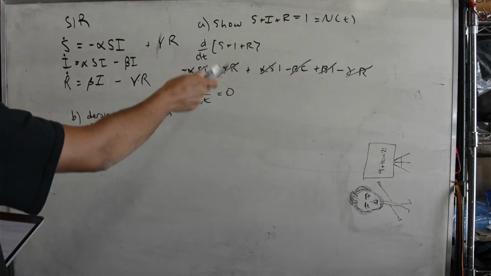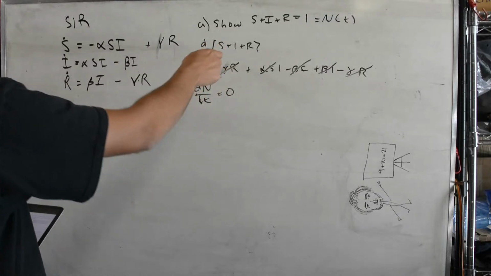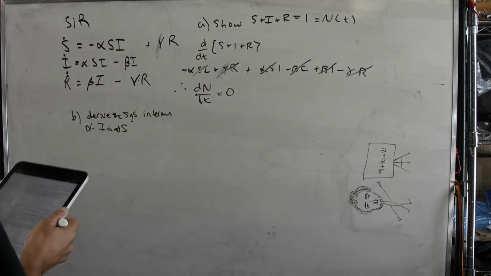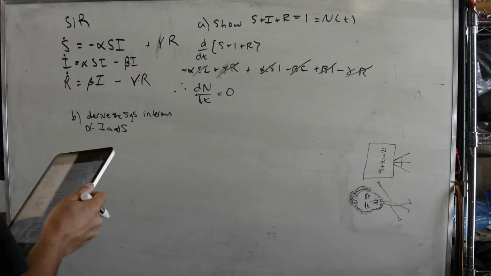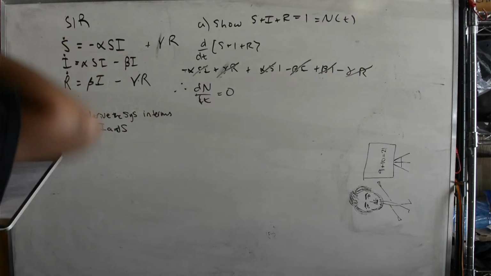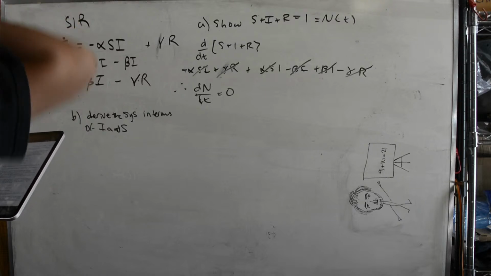You don't even have expressions for S, I, and R. So by doing this, you're just referring to the differential equation system. So you're not actually taking any derivative. The point is just to show that this sum is equal to 0.